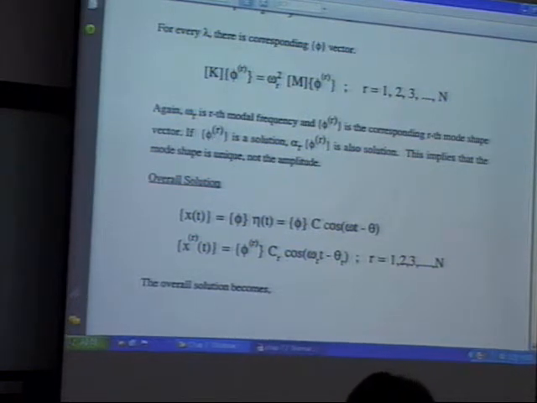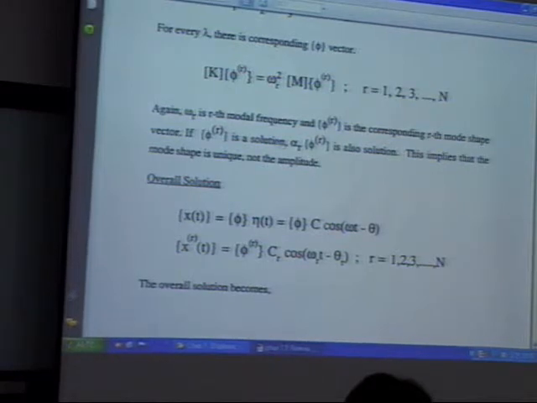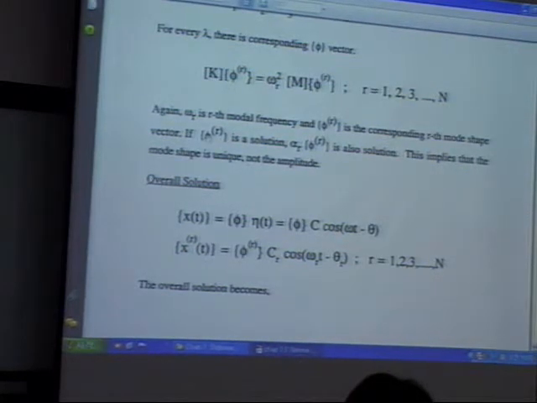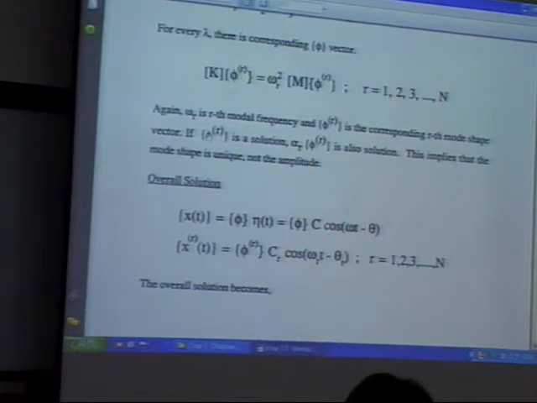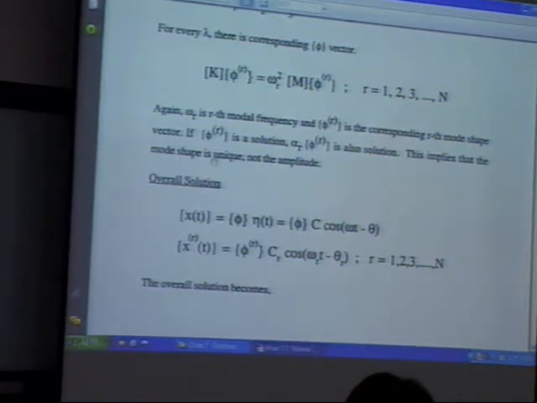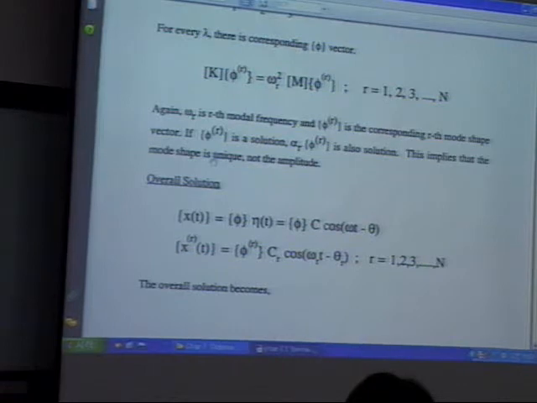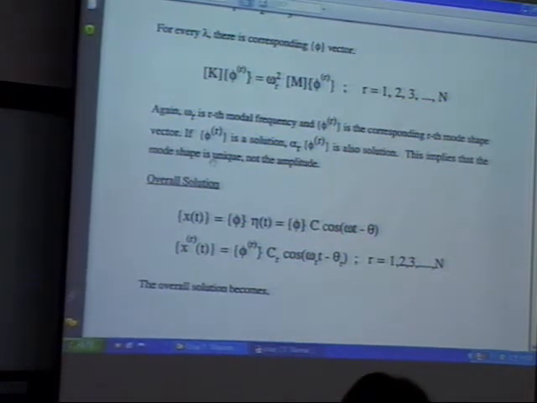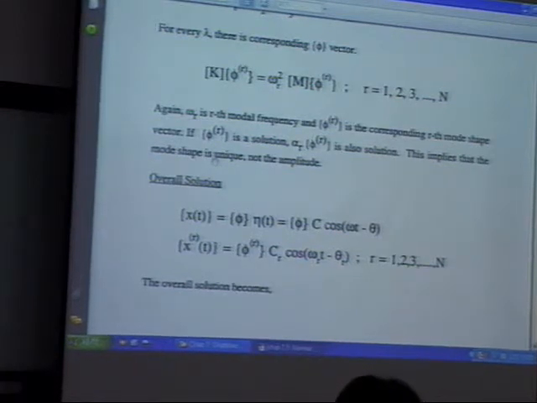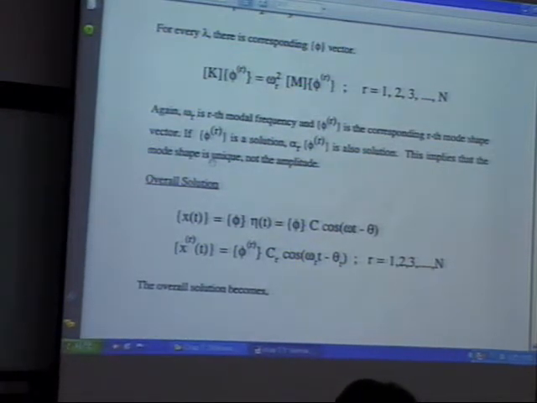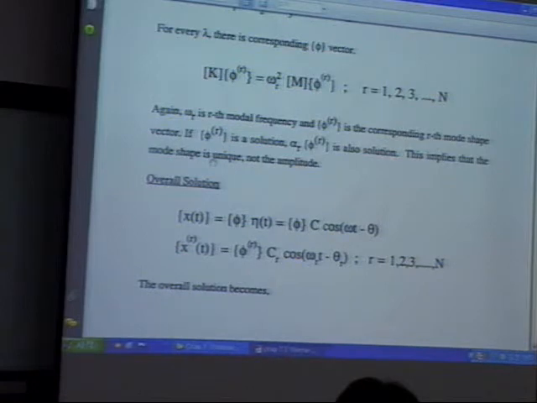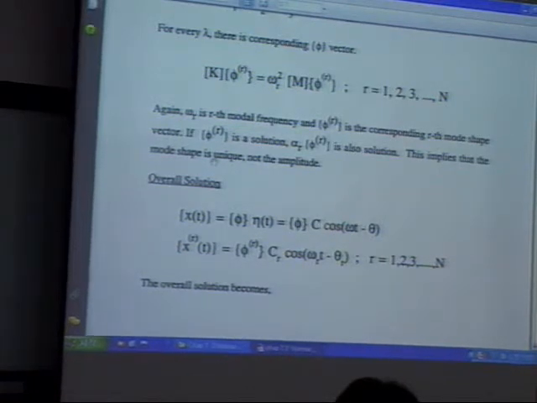If phi r is a solution, this is a mode shape. Shape is important. So like M1, this is M2, which has x1, x2. Really, how many inches the first coordinate moves is not important. The relative ratio of displacement is important.